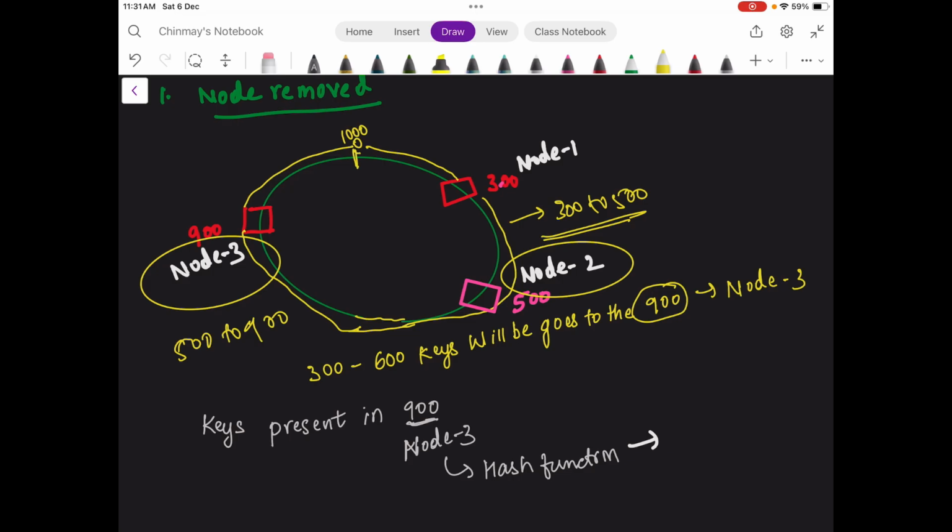This is how the operations are performed in the consistent hashing technique, when a node is added or removed. But there are two disadvantages, because the distribution of messages or nodes we can't control. To solve the problem, Amazon introduced the dummy nodes concept in the ring. Let's see what that concept is.